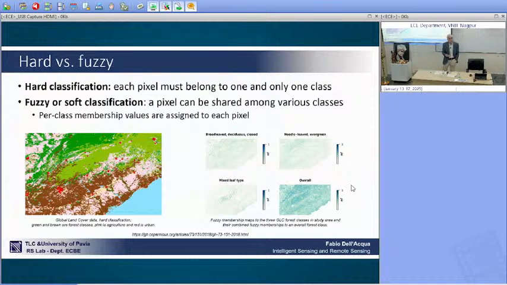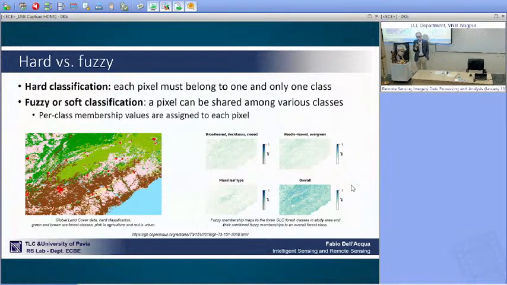Mixed, yeah. That's a problem. Why should I accommodate, why should I plan for mixed pixels? And so go for fuzzy classification.